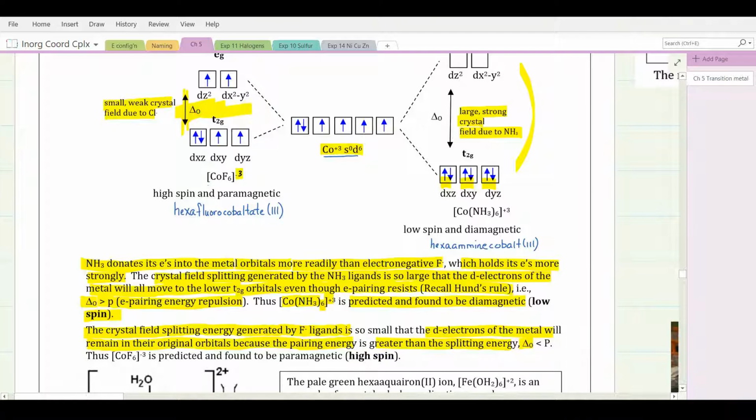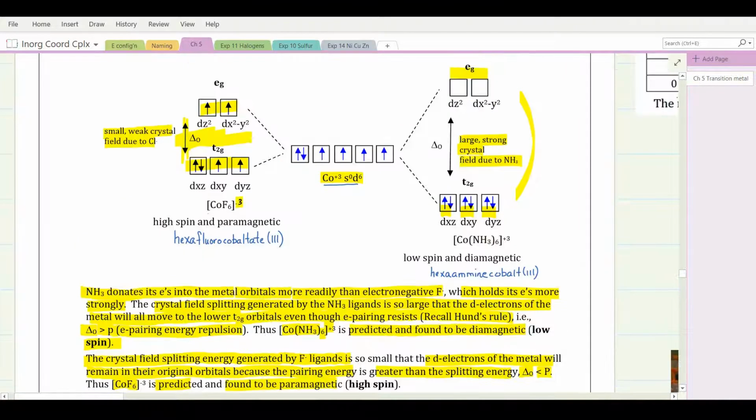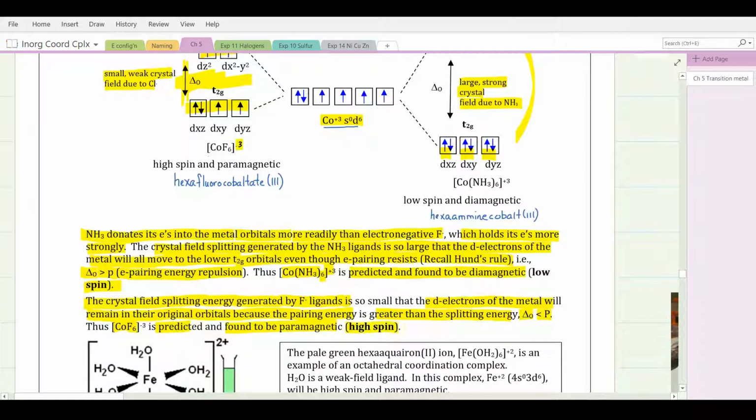It's less than the pairing repulsion, and therefore the electrons spread out, as you see, as far as possible from each other. And thus, hexafluorocobaltate 3 is predicted and found to be paramagnetic. Paramagnetic, if you recall, means that there is at least one unpaired electron. And this state is called a high spin state.